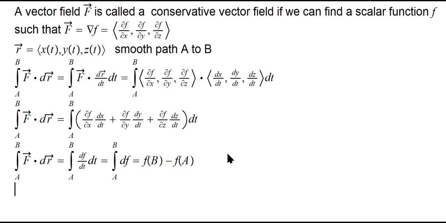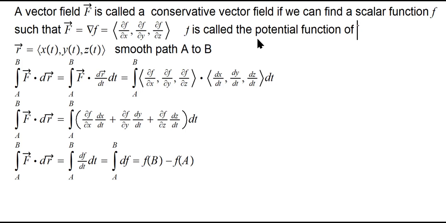So what happens here is that if we look at this line integral, it only depends on the value of the potential function. I forgot to say that f is called, of course, if it is available, the potential function, because when you integrate.